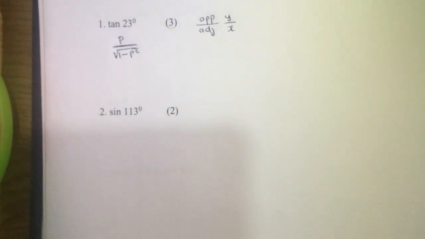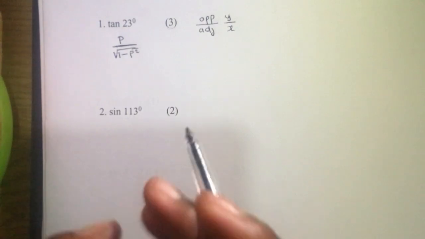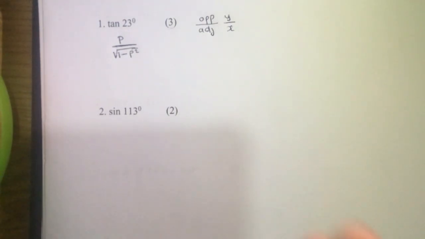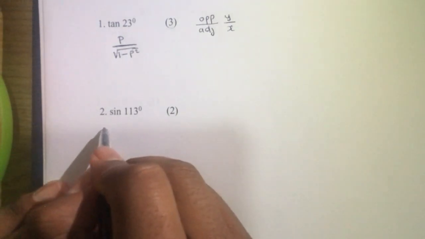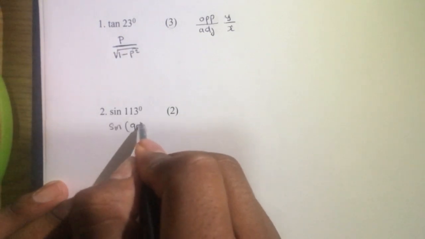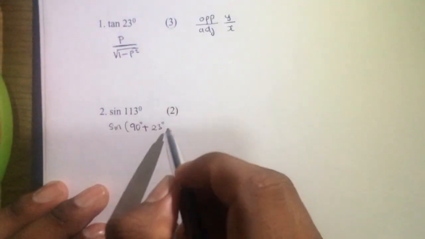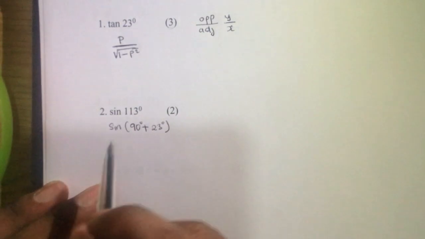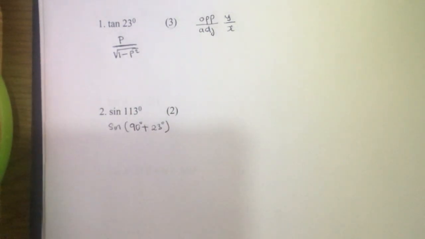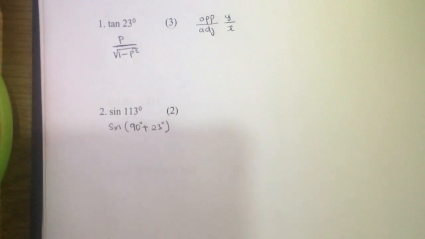When I say 90 plus 23, that is equal to our reference angle that we were given in the question, which was 113. So we are going to say sine of 90 degrees plus 23, which is that reference angle. So we have expanded 113 in terms of 90 plus 23 degrees.